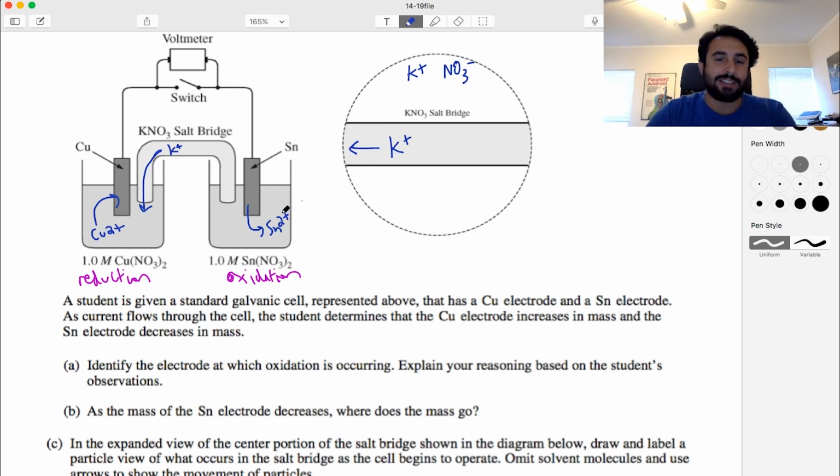Likewise, here it's a little different, but if we have more positive ions joining solution, we cannot remove them, but what we can do is add more negative ions, and that will maintain the charge balance this way. So here, all we have to do is show that potassium ions are leaving the salt bridge to enter the reduction half reaction, and nitrate ions are leaving the salt bridge to join the solution in the oxidation half reaction. And that is how charge balance will be maintained, which is the purpose of the salt bridge.